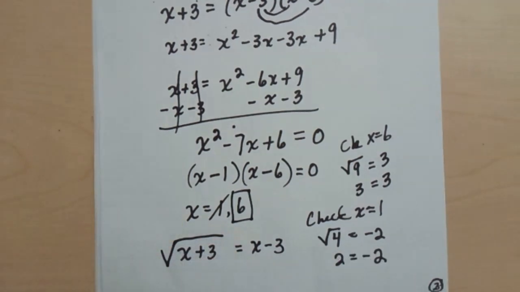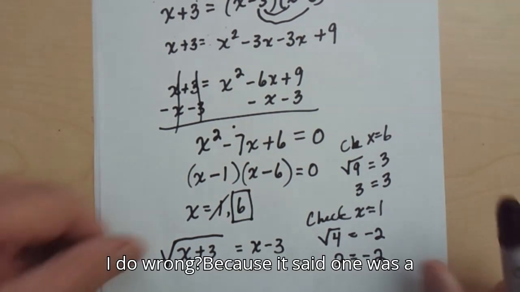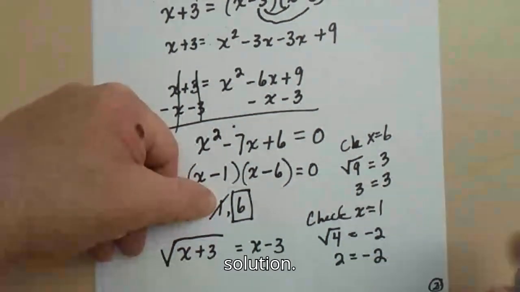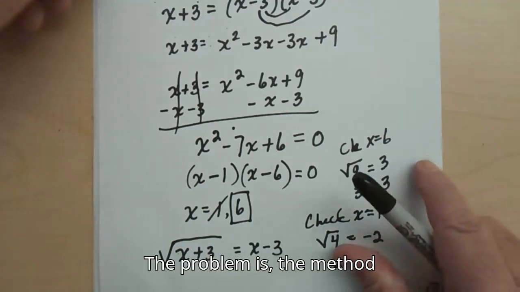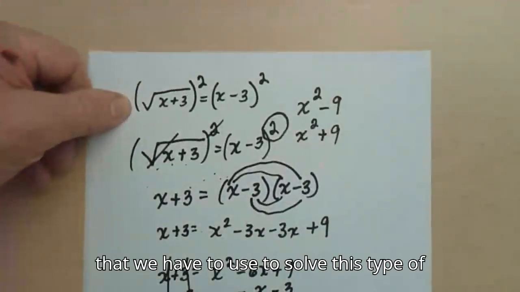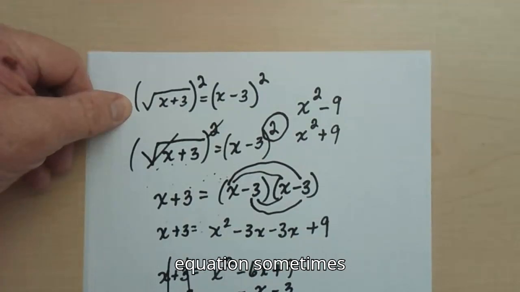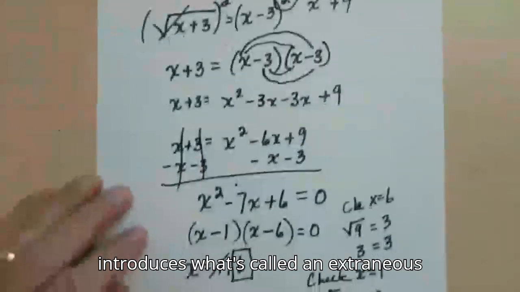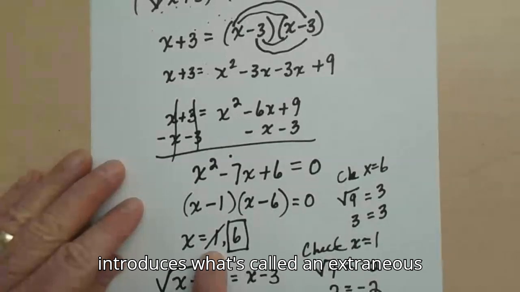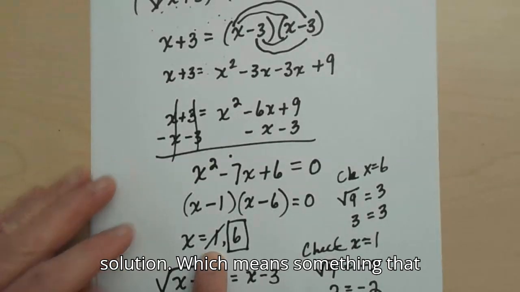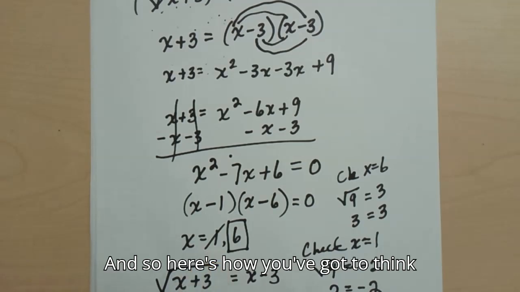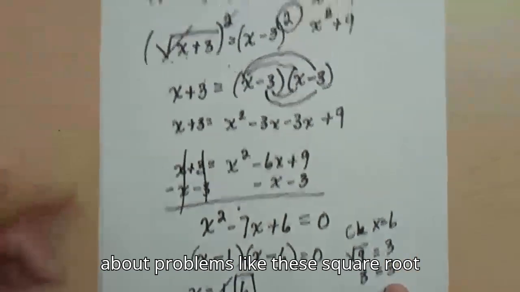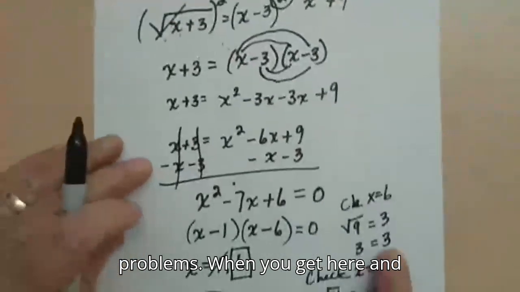Because if you look at it, you might go, well, what did I do wrong? Because it said 1 was a solution. You didn't do anything. The problem is the method that we have to use to solve this type of equation sometimes introduces what's called an extraneous solution, which means something that looks like a solution but really isn't. And so here's how you've got to think about problems like these square root problems.